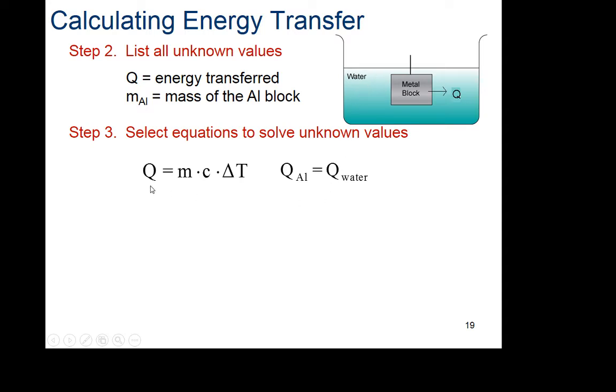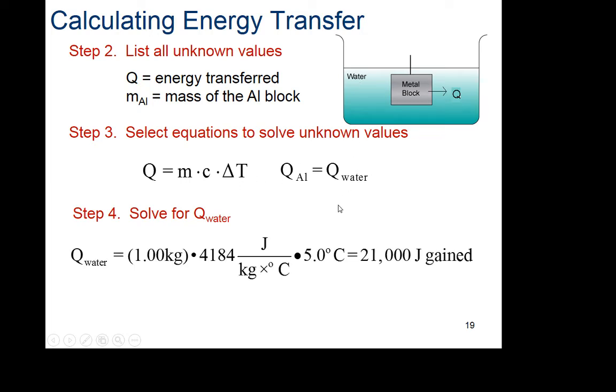In other words, the energy that the block lost is the same as the energy that the water gained. That's the first law of thermodynamics, that energy is conserved. So if we can solve for Q for one of these, then we know what the Q for the other one is. Basically, we're going to solve for the Q, the energy that the water gained, and then we can work backwards and figure out what the mass of the block is.